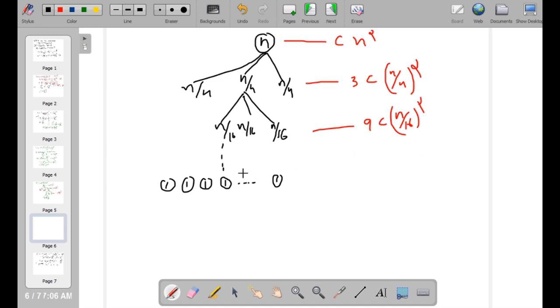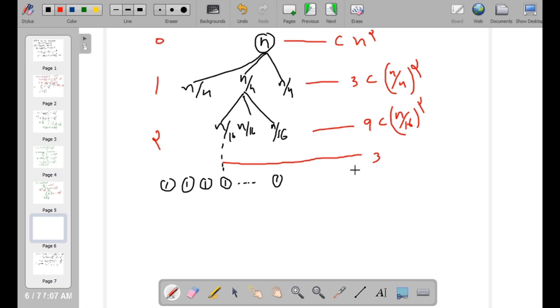In general, in some kth level, I can write the cost as 3 raised to the level number. This is level number 0, this is level number 1, this is level number 2.